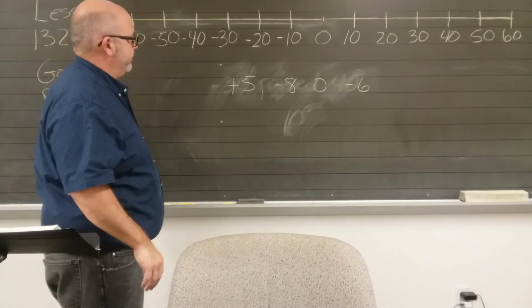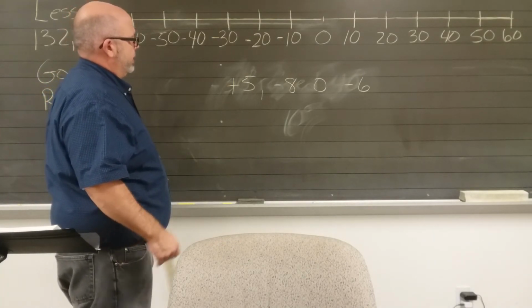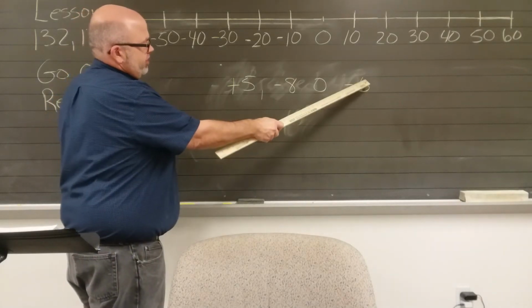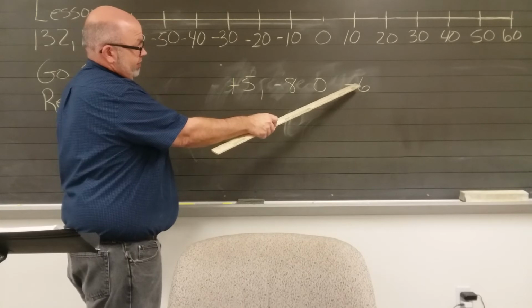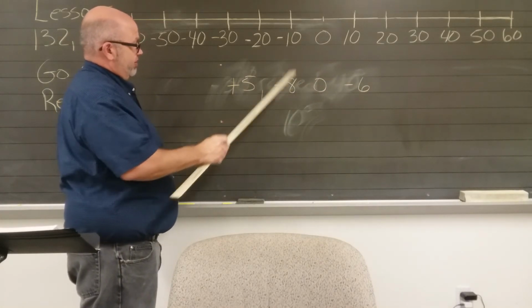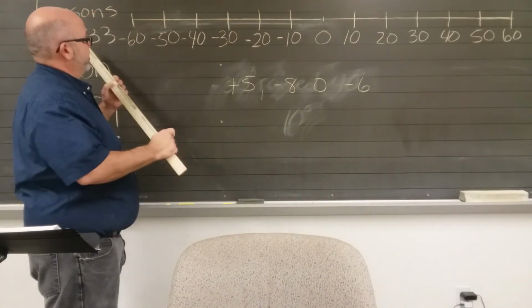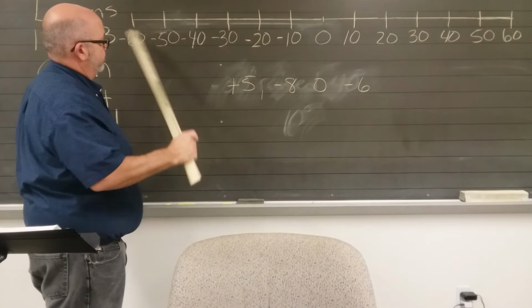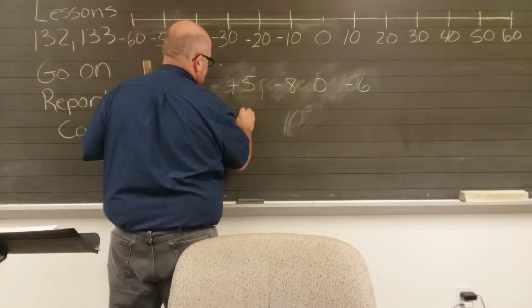Oh, my bad. Smallest of these numbers would be what? You don't necessarily go by the number. I mean, yeah, you do, but negative 6, just because this is a 6 and this is an 8 and this is a 5, it doesn't, yeah. Negative 8 would be where? Negative 8 on this would be below 0. Negative 8 is the smallest. Negative 8.